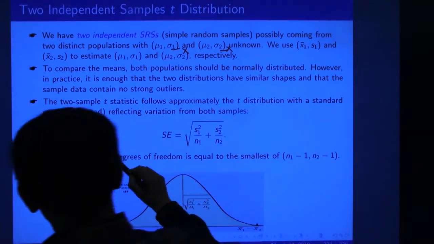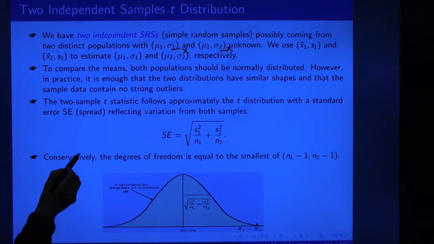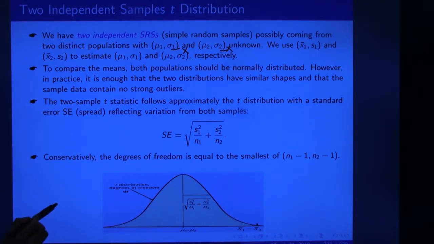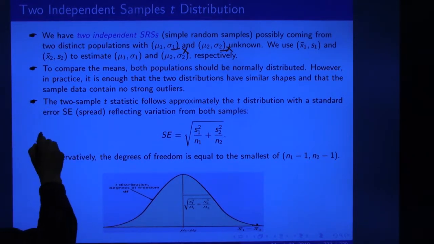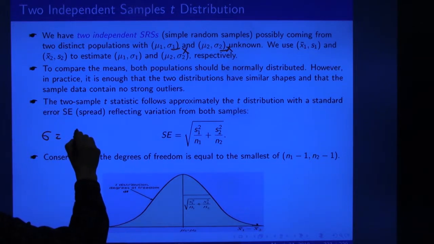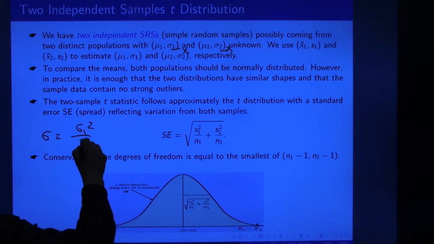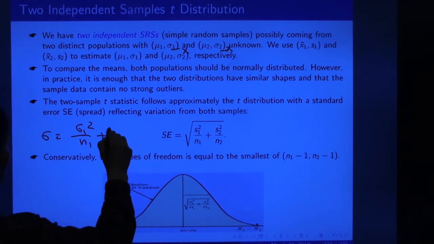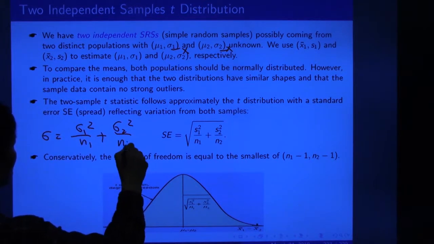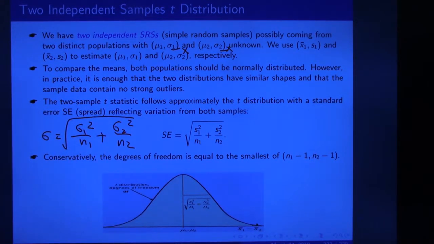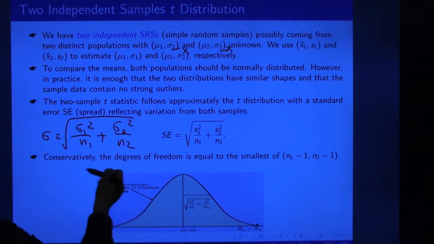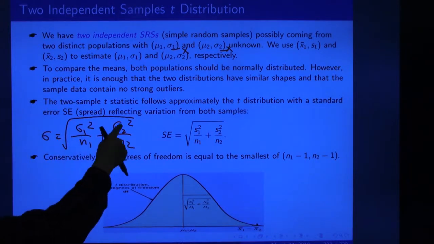In two sample z-test, we use sigma equals sigma 1 squared over n1 plus sigma 2 squared over n2, then take the square root. This is called the standard deviation. But in two sample t-test, we don't know sigma 1, we don't know sigma 2.